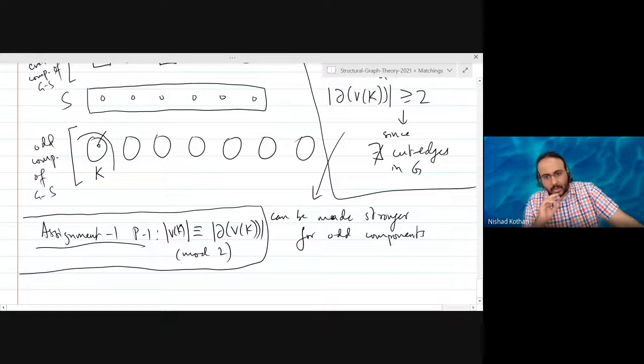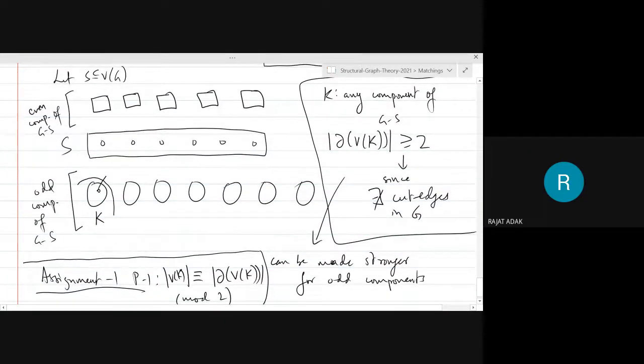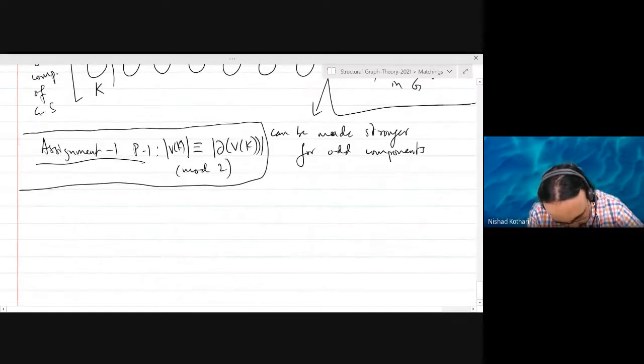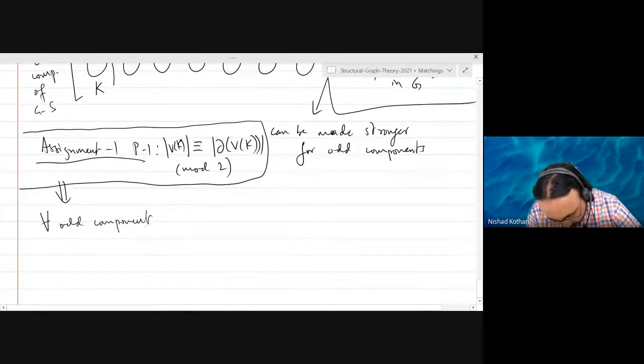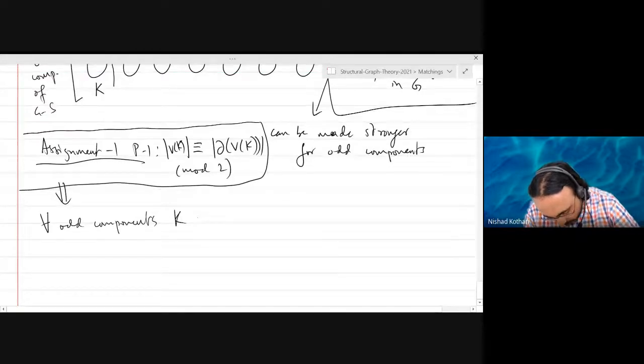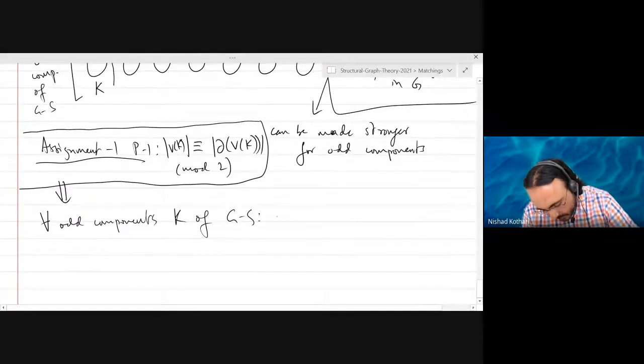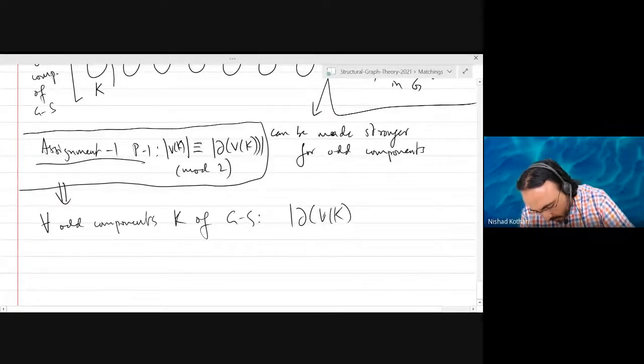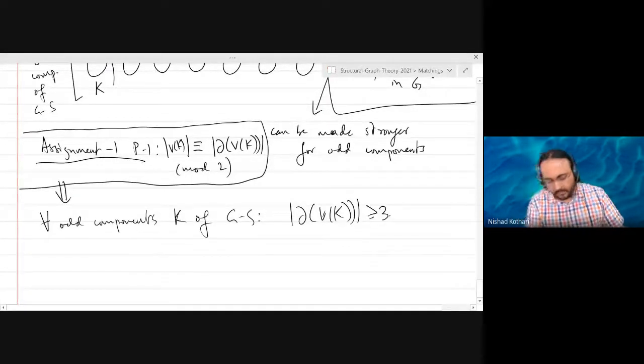Okay, so now what can you say? So we can make that 3, right? Right, exactly. So this implies that for all odd components K of the graph G minus S, the cut corresponding to that component has size at least 3.